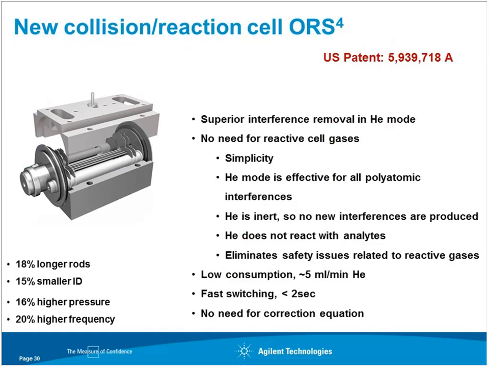By using helium mode only, we don't have to deal with reactive gases, so it's simple, it's effective, helium's inert, so no new interferences are going to be produced, and there's no safety issues related to reactive gases, such as hydrogen. The consumption, we're only talking about 5 mL per minute of helium, so relatively low consumption there, and we have a very fast switching of less than 2 seconds. And this means that there's no need for correction equations when using the ORS 4.